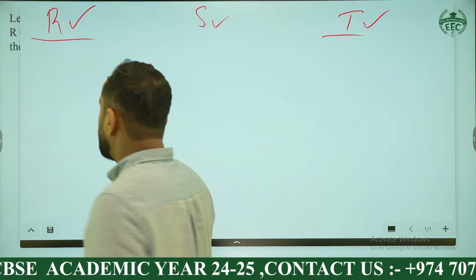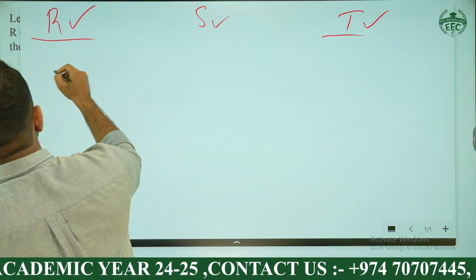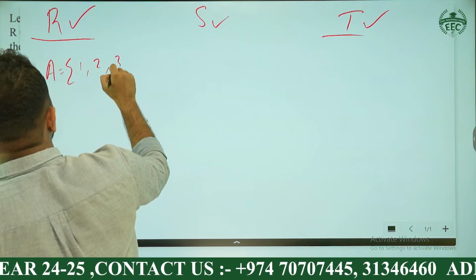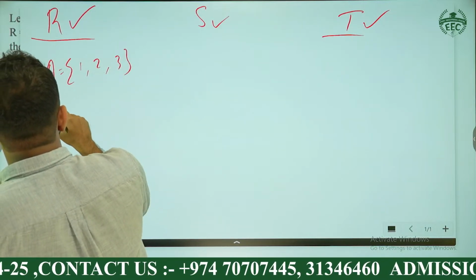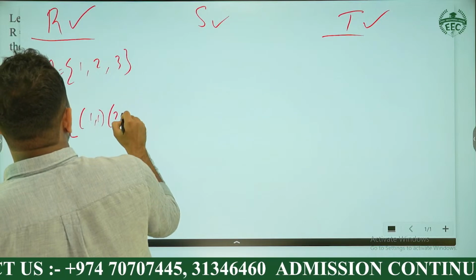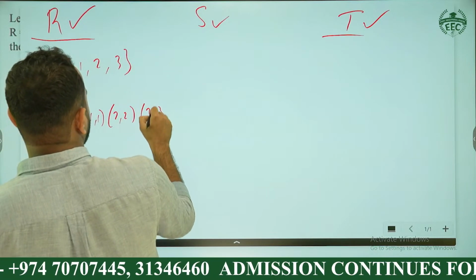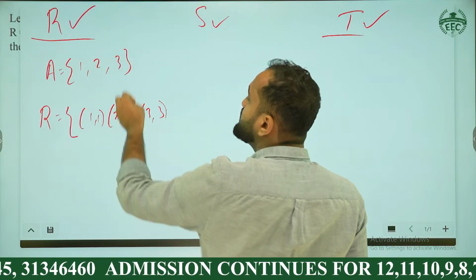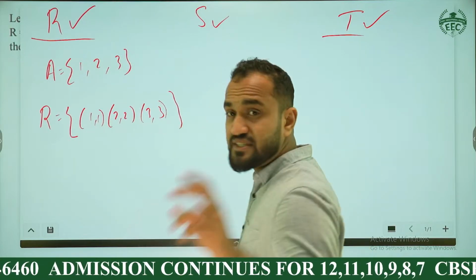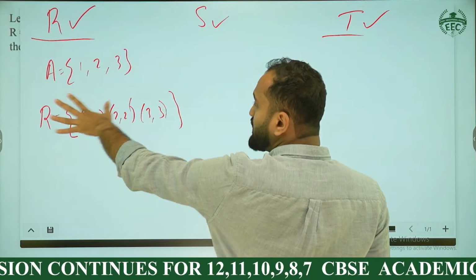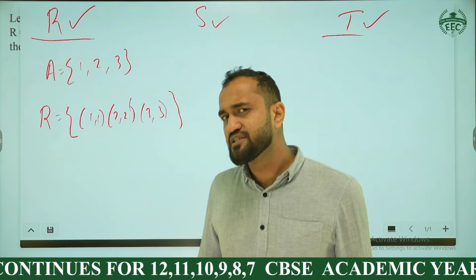For example, I'm having a relation that is defined on set A, which contains the set 1, 2, 3. Then the relation must contain the pairs 1, 1, 2, 2, 3, 3. So the reflexive pair of each element should be there in the relation. Now imagine the scenario where 3 is there in the set, but 3, 3 is not there in the relation R. Can we call the relation reflexive?